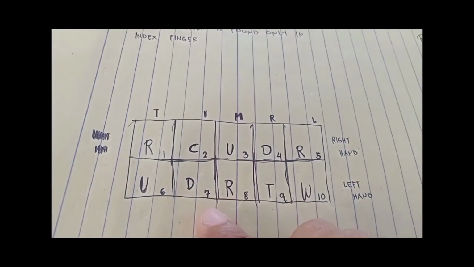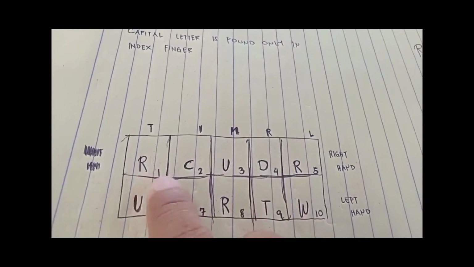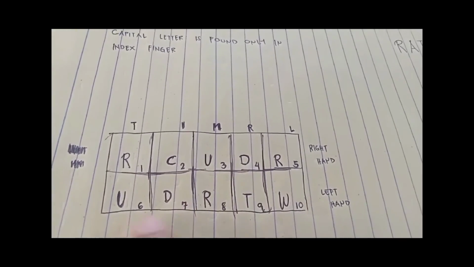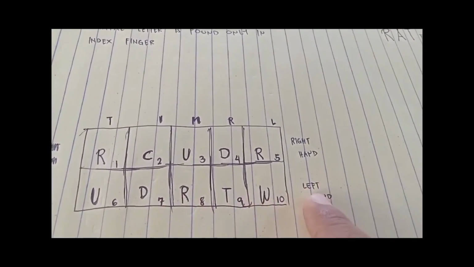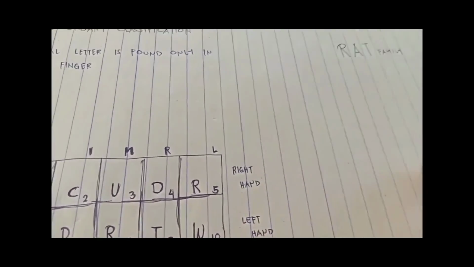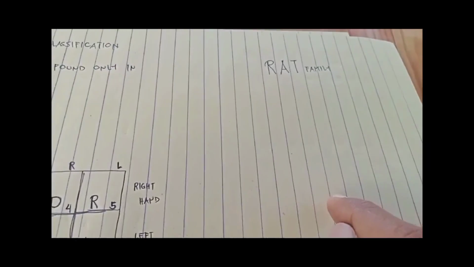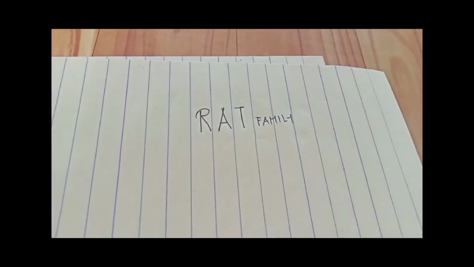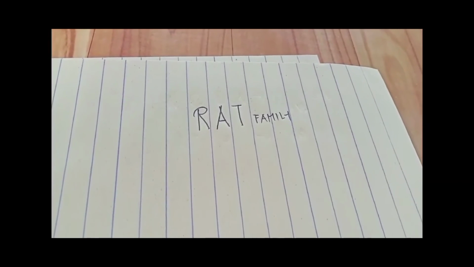The finger number 1, the 3, 4, 5, 6, 8, 9, and 10. But remember that not all patterns are included in small letter. It will only include if it is a member of the rat family.